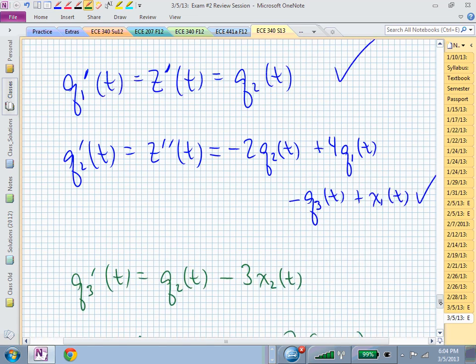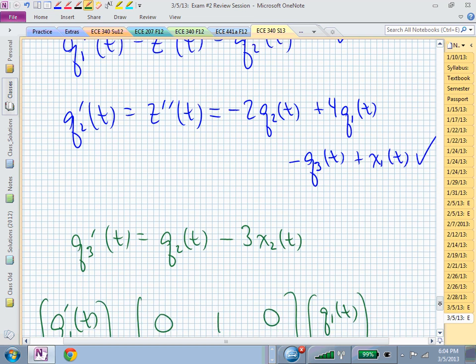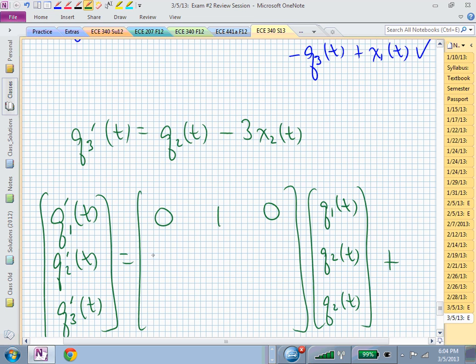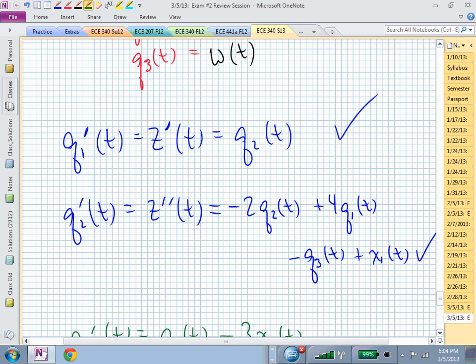Now this is the more interesting one. What's the second row of the A matrix? Everybody hear that? Should be 4 times Q sub 1, and these aren't written in order, are they? So it's the coefficient of Q sub 1 in the first column, the coefficient of Q sub 2 in the second column, that's our minus 2.